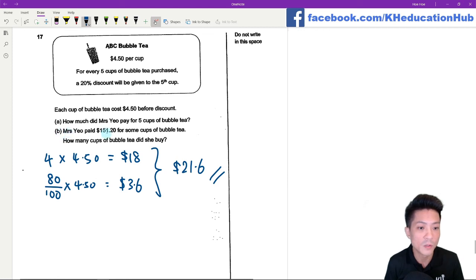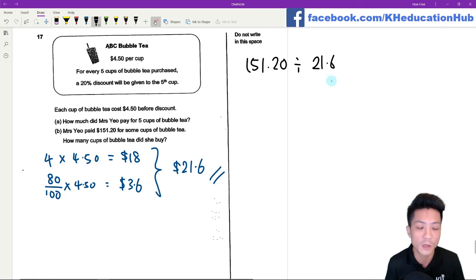Part B, Mrs. Yeo paid $151.20 for some cups of bubble tea. How many cups of bubble tea did she buy? In this case, the first step that we should do will be to use $151.20 and divide by $21.60.